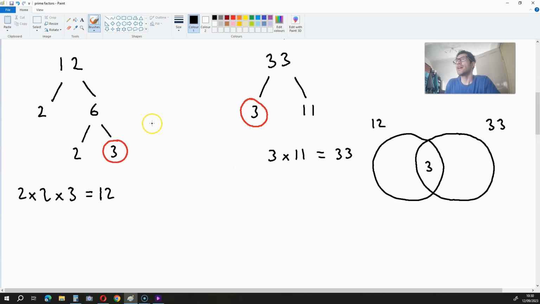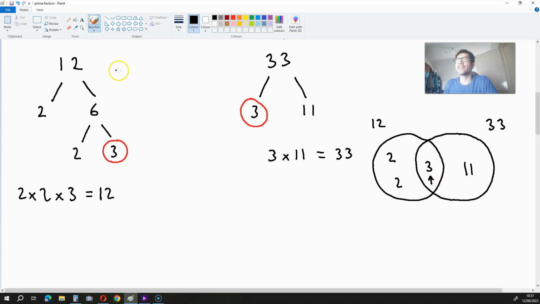Now for 12, the other prime factors are 2 and 2, so we put them over here to the left, and for 33 we put the 11 over here. So once again, if two numbers share a common prime factor, you don't put them into those circles twice, okay? You only use that number once. In this case, we are talking about the 3 over here.